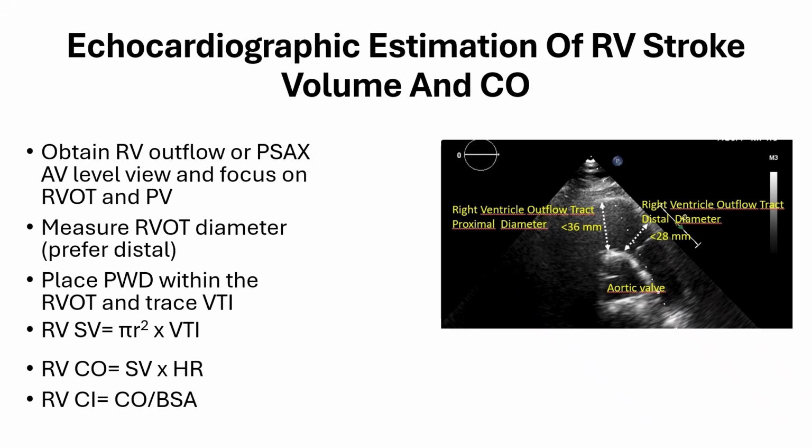R is your radius, which is half of your diameter, and you'll need to square that and then multiply it by VTI. Cardiac output is your stroke volume times heart rate, and cardiac index is your cardiac output divided by body surface area. Normal RV VTI should be more than 18 centimeters, and when less than that, it is suggestive of low right ventricular stroke volume and cardiac output.